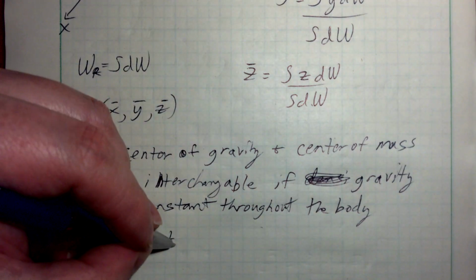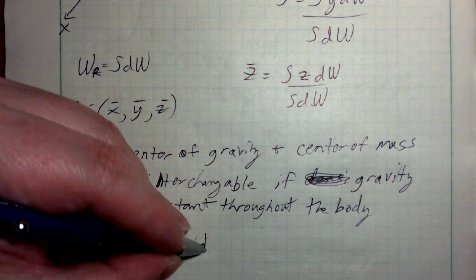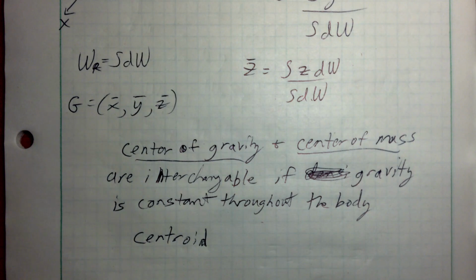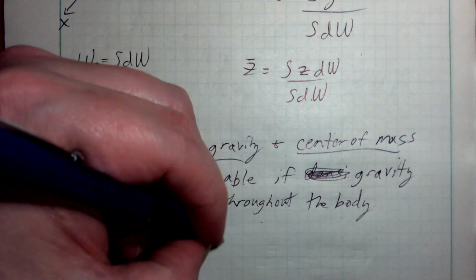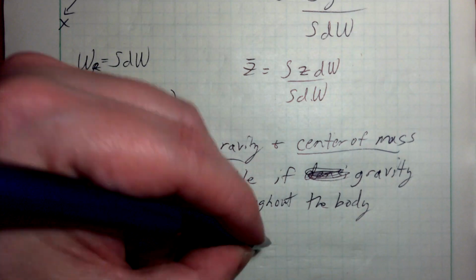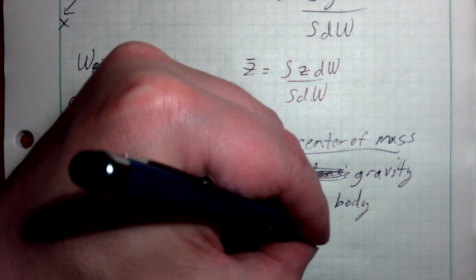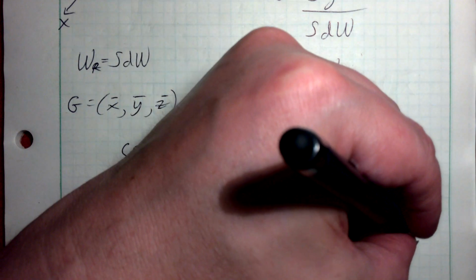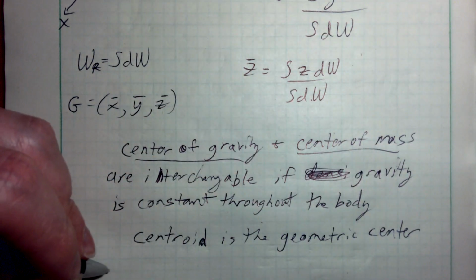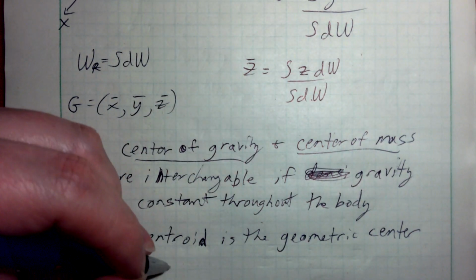Now, another term to introduce here, so that's center of mass and center of gravity. There's also the term of centroid. Centroid is the geometric center of an object.